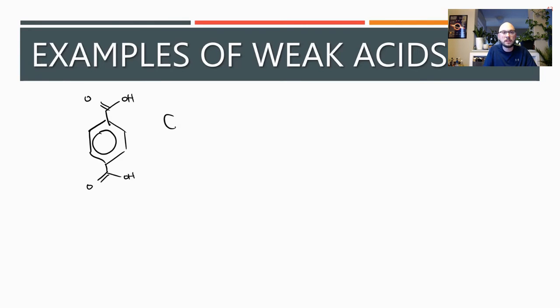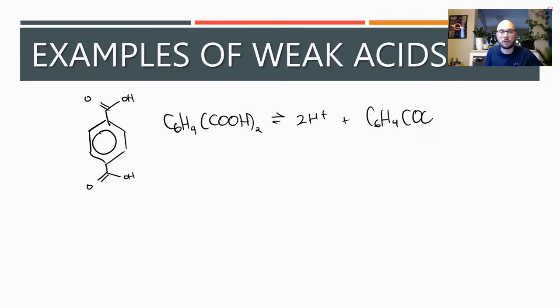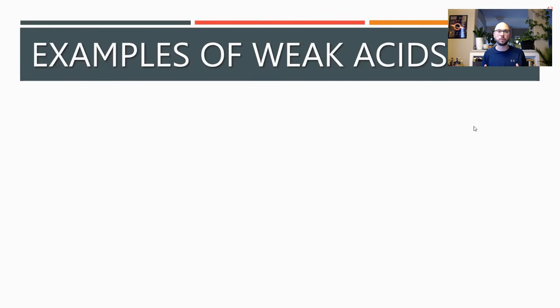This would be C6H4(COOH)2, because we can see that we've got 2 of those functional groups, and it breaks down into C6H4(COO)2 2 minus and 2H plus. So it's a little bit more complicated. We're not going to take into account any diprotic weak acids. That's not going to play a role in our chemistry. It does in other ones, but for us, that's not a thing.